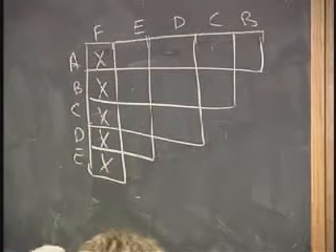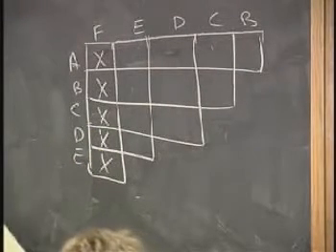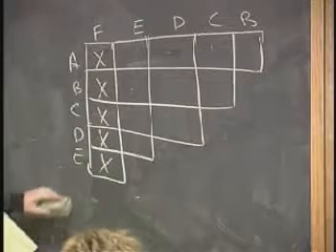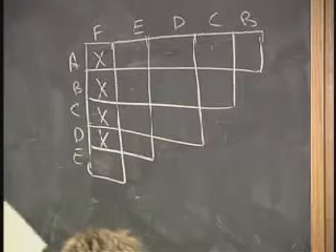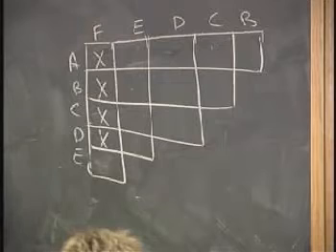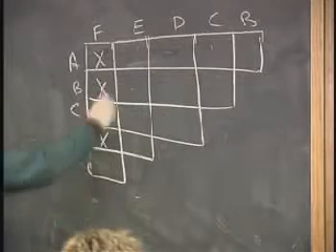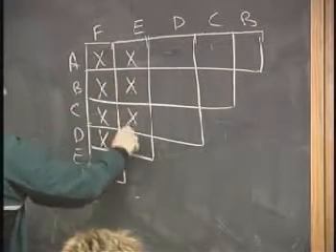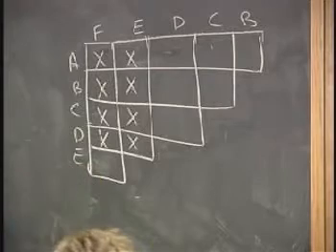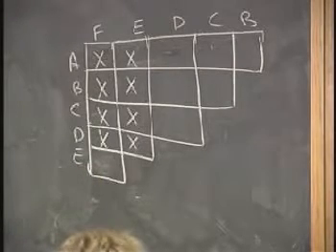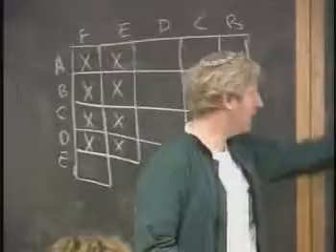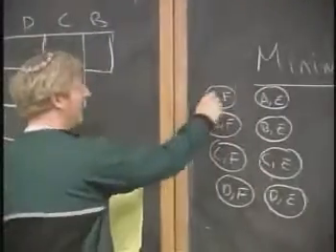ABCD down the F columns. Is that it? 8 out of 8? Okay, good. So in the dependency graph, it's just 8 isolated nodes, and they all have X's on them.